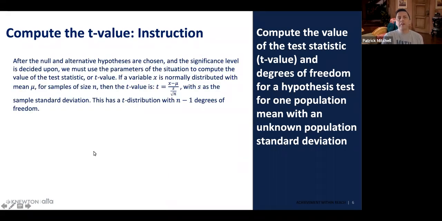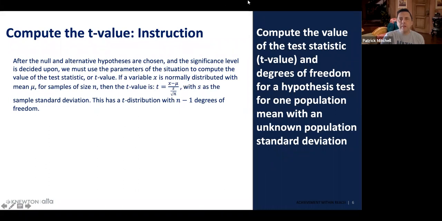After the null and alternative hypotheses are chosen and the significance level is decided upon, we must use the parameters of the situation to compute the value of the test statistic, or t-value. If a variable x is normally distributed with mean mu for samples of size n, then the t-value is given by this formula.